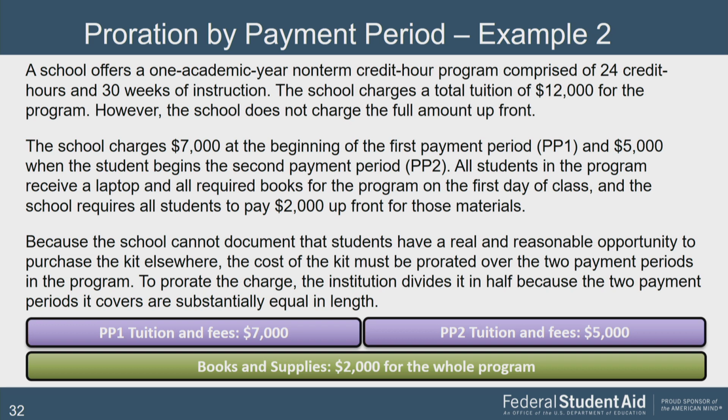We have payment period 1, and we know the school charged $7,000 in tuition and fees for that payment period. You see that represented there. And then you see the charges for payment period 2. We're not going to prorate those charges because those are actual charges and they're only for that particular term. So those aren't subject to proration. However, the books and supplies are, because they're being charged up front for the entirety of our program.